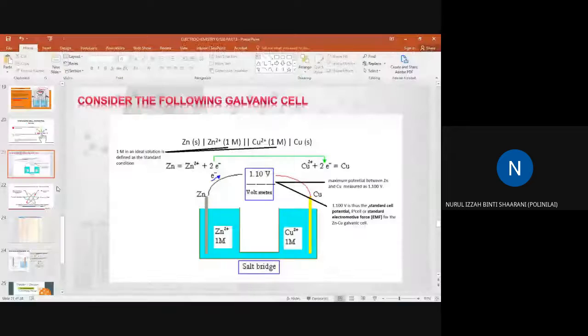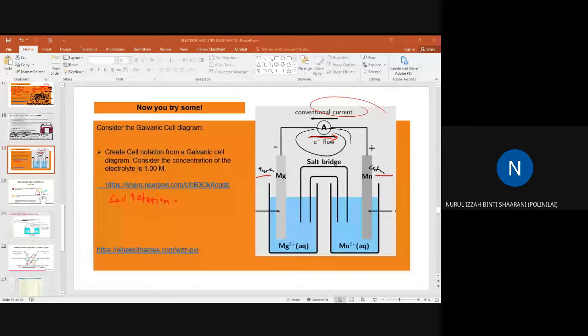Cepat sikit. Mana Aisyah? Type je kat chat box tu. Cepat sikit.